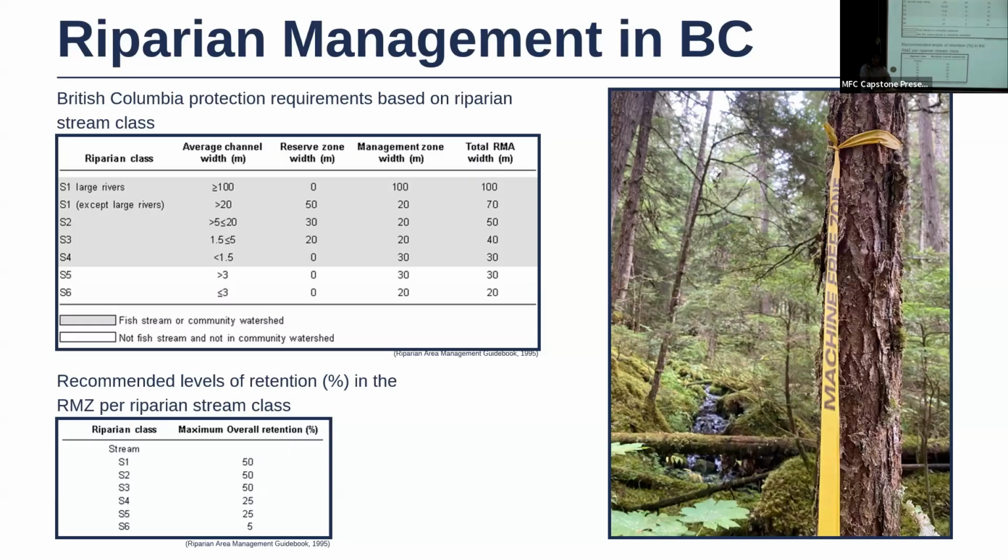And that could be up to the licensee. Sometimes the licensee will prescribe just a 5 meter machine free zone, but sometimes they will actually prescribe a buffer zone. But also it depends on the RPFs that are actually working on the specific block.